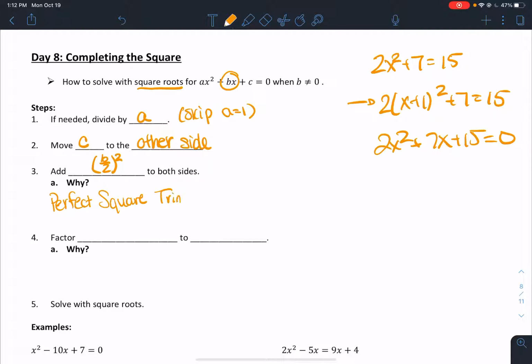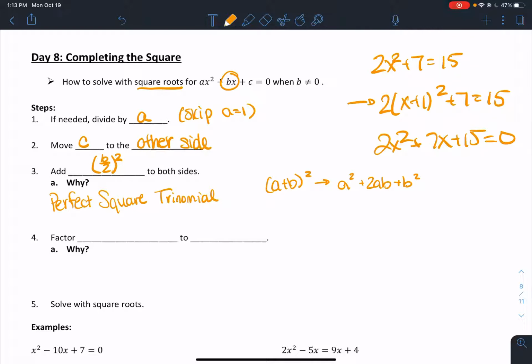Which you might remember from Algebra 1, where if I have (a plus b) squared, it always works out to a squared plus 2ab plus b squared.